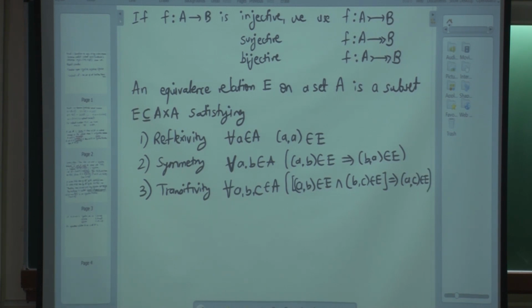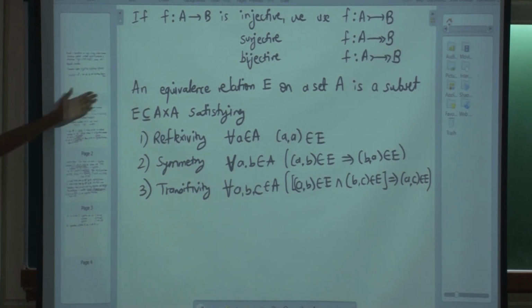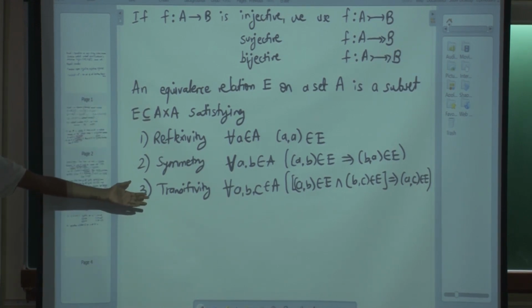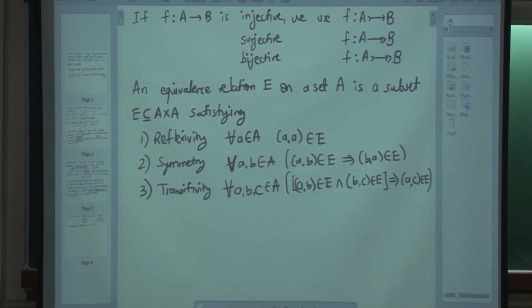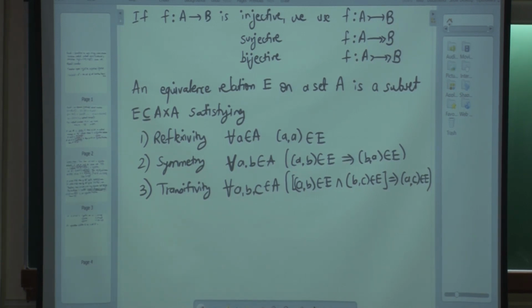Now the question here is, where exactly did we use the concept of a set? Yesterday we saw what is a class. Classes are either sets or proper classes. We can also define an equivalence relation on a class, because we should be able to take pairs of elements from a class, and then we can do the same thing.